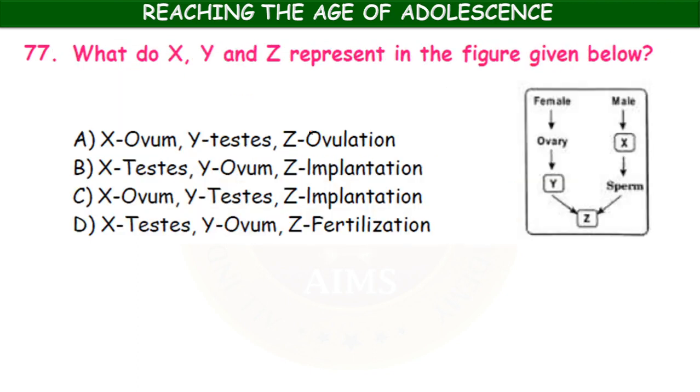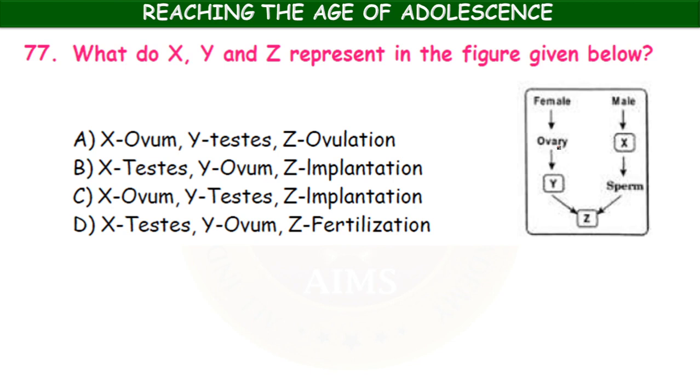Next, what do X, Y and Z represent in the figure given below? Here a figure is given: female, ovary, Y; the male, X, spermatozoa; and both finally Z. So the production of gametes and the fusion of gametes, that is fertilization, is shown in this image.